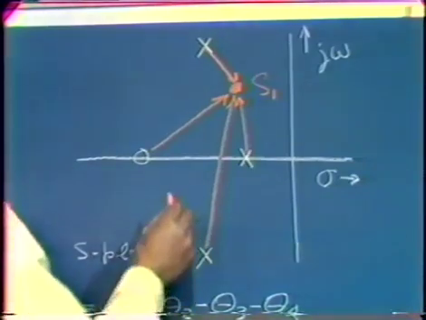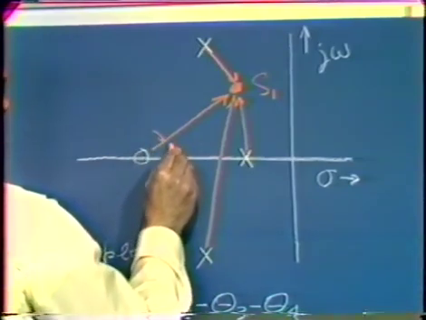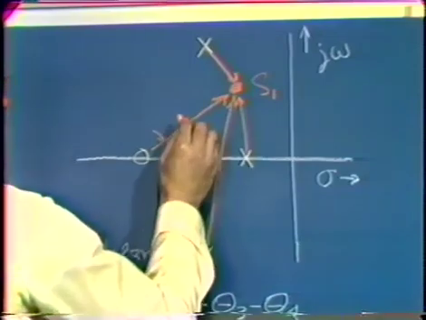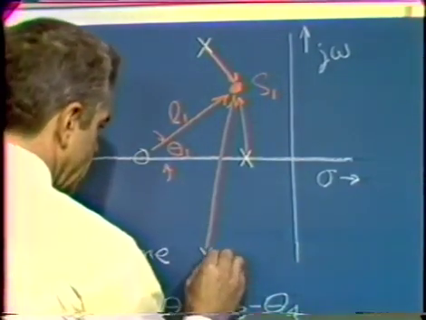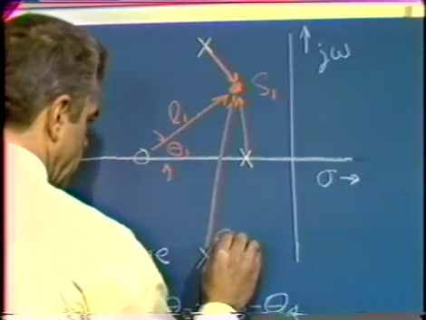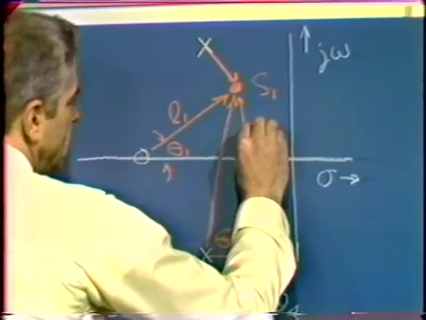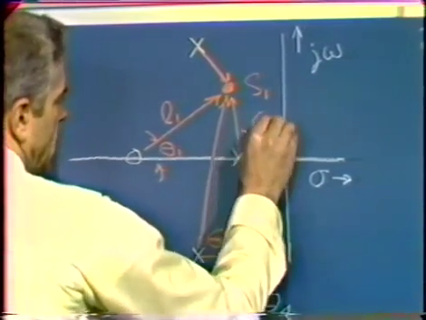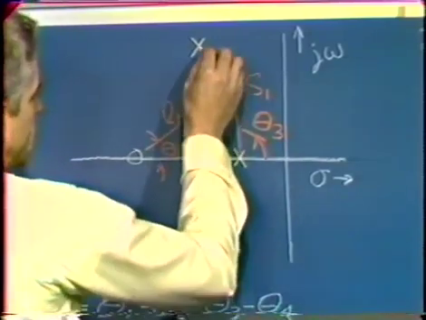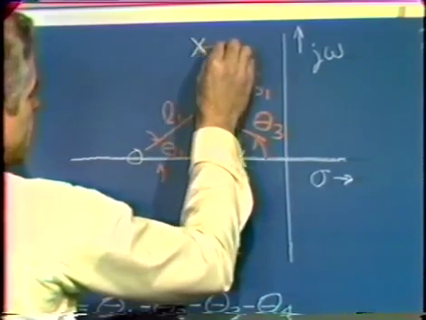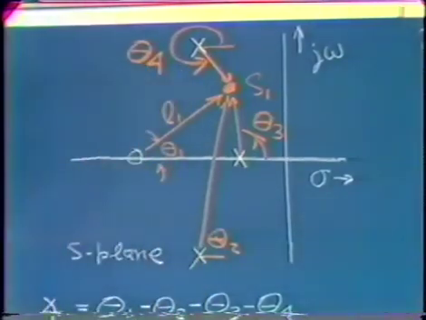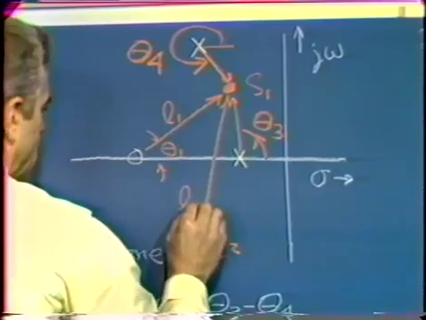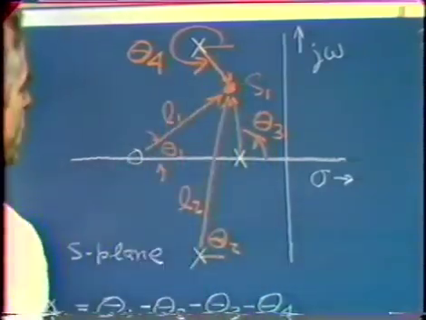In particular, let's call this angle theta 1, and similarly the length of this vector L1, and let's call this angle theta 2, and let's call this angle theta 3, and let's call this angle theta 4, and recall that this angle we evaluate like this. So theta 4 is an angle greater actually than 270 degrees, as I've shown it. Similarly, let's remember that the lengths of the other vectors are L2, L3 in here, and L4 for the fourth vector.